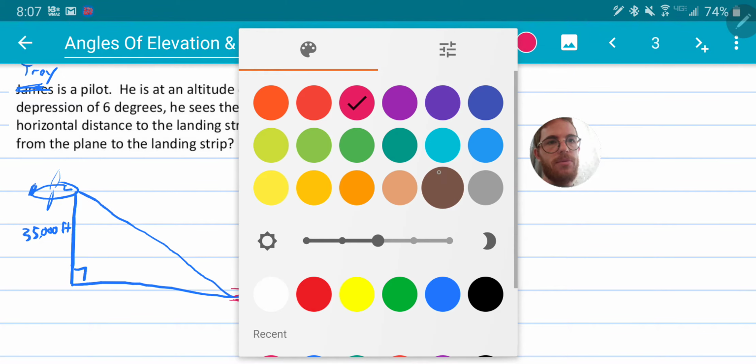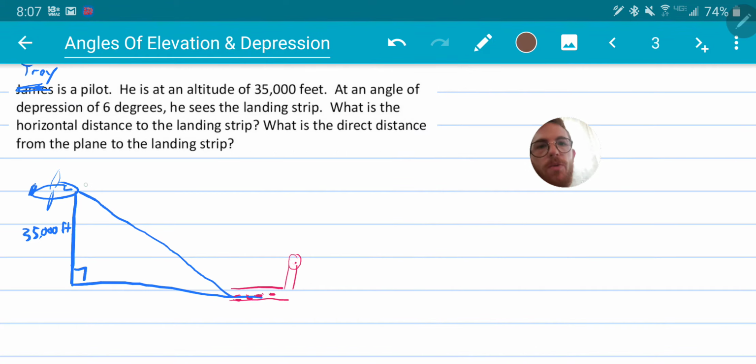Troy would be looking straight, of course. I've never piloted a plane, but a typical gaze is straight ahead. That's what we know. And his angle of depression was 6 degrees, so that is right here. He looked down at 6 degrees in order to see the landing strip.